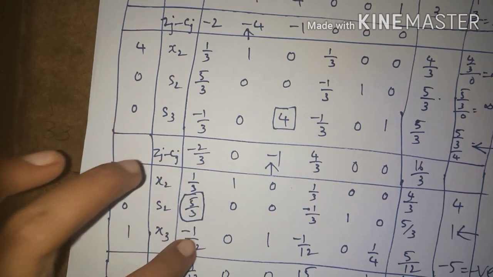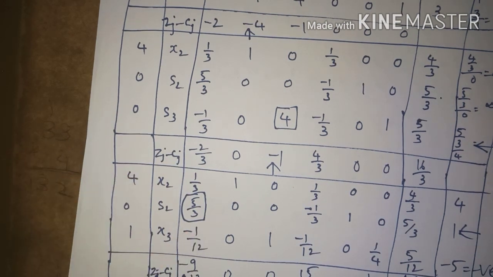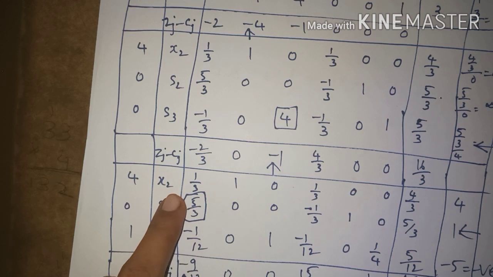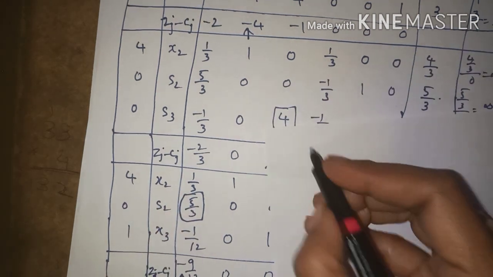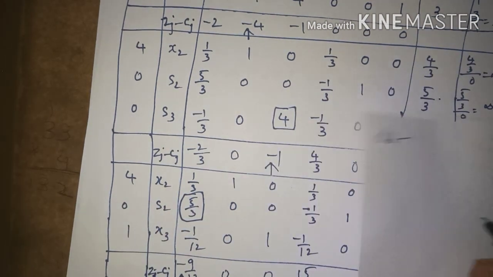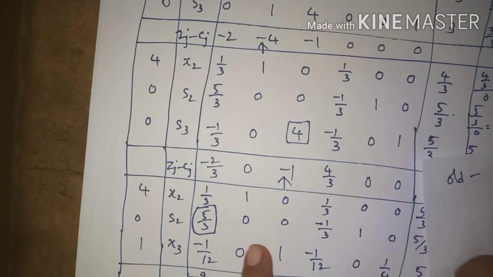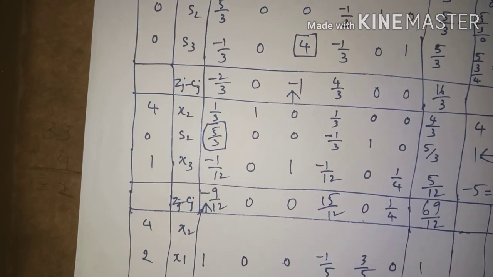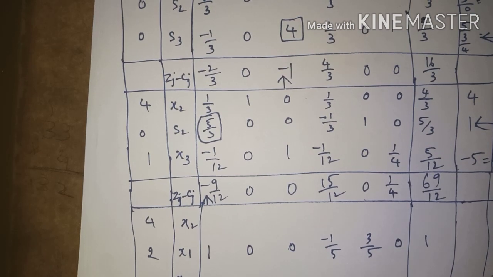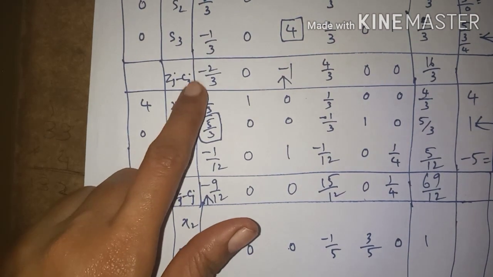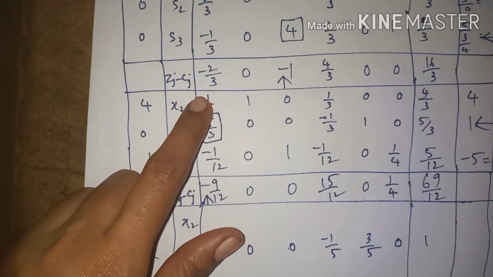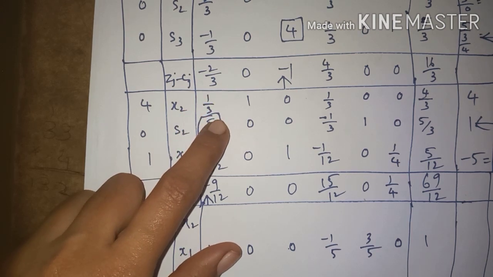This element and this element we have to convert into zeros by doing some elementary row operations. Whatever element we have to convert into 0, that row is called the old row. I will write that first: 1 by 3, 1, 0, 1 by 3, 0, 0, 4 by 3.